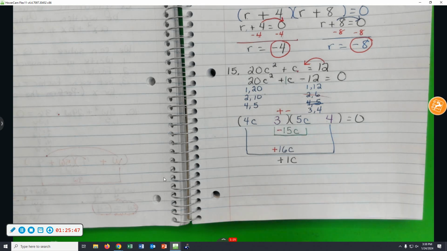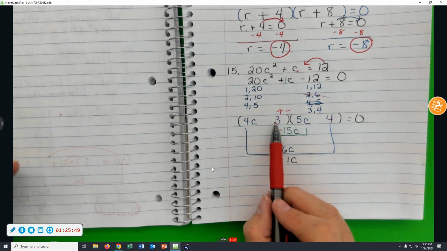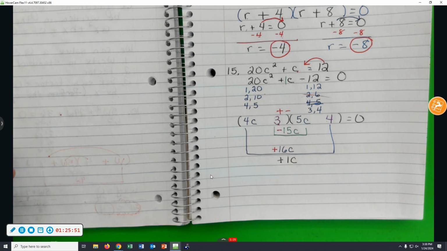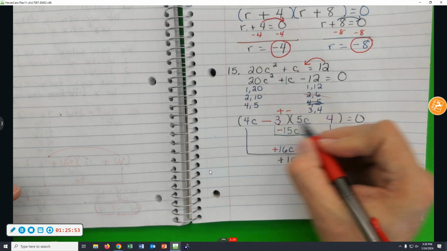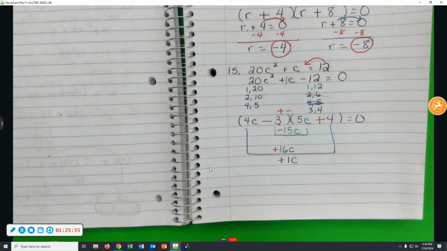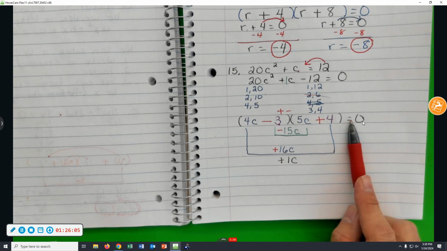Then the 15 is negative. So in front of this 3, what do I put? A negative, and there a positive. And there's a desire to just say, okay, I'm through with that one, but are we through with this problem? No, we got it. It's an equation.